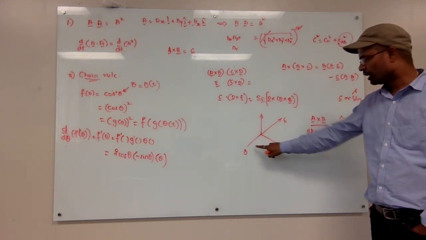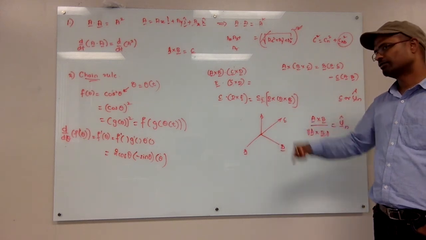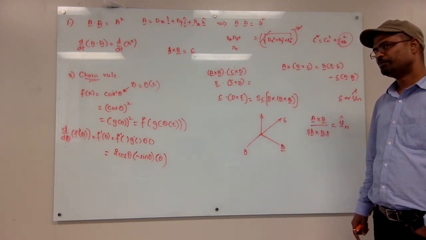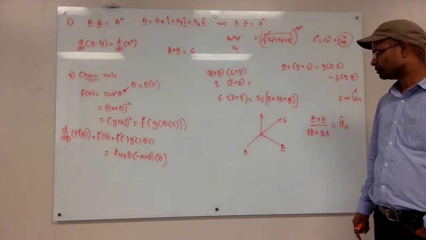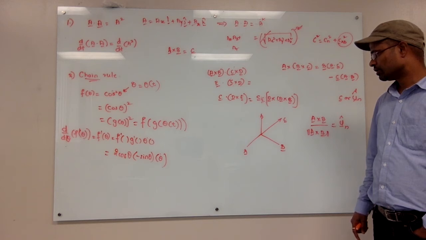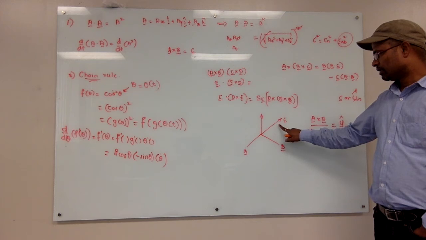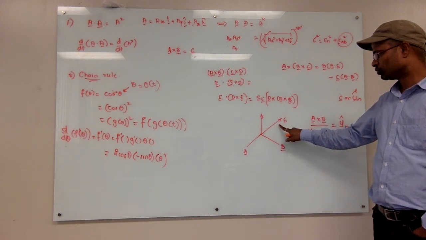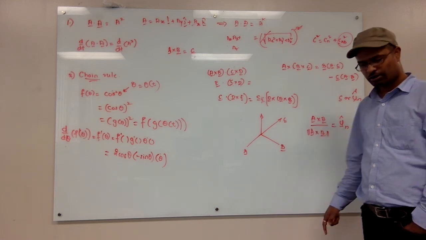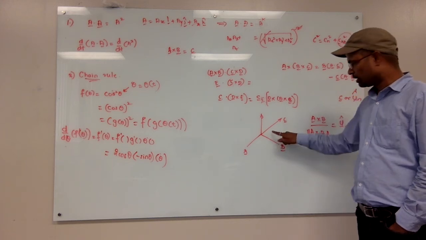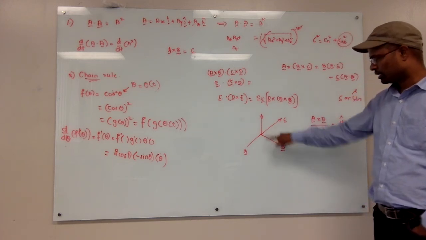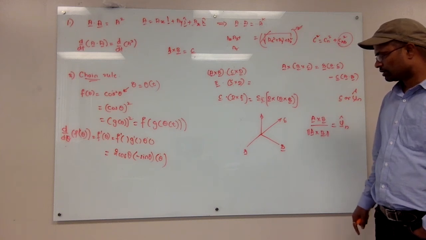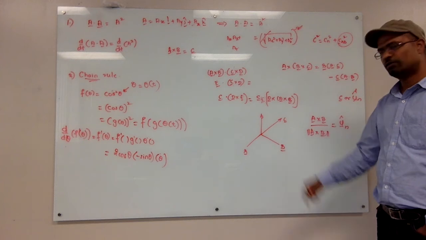If you take A cross B, you get this vector, right? Now, let's say C is in the plane of AB.